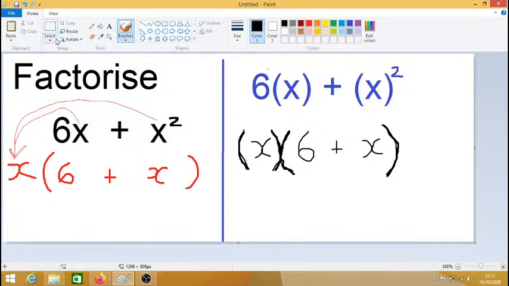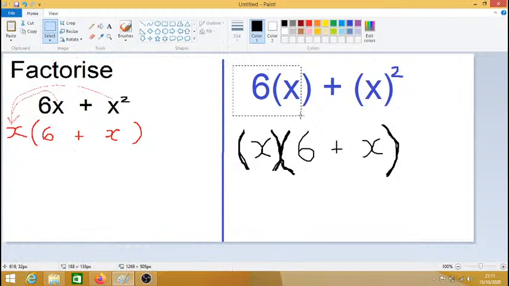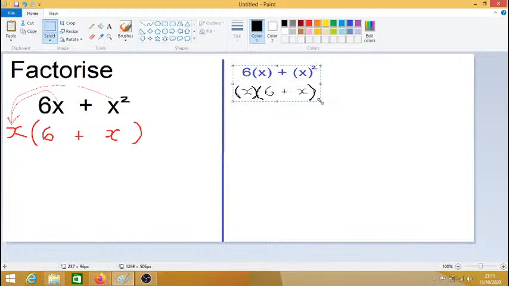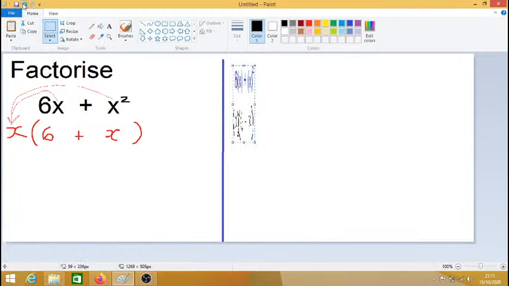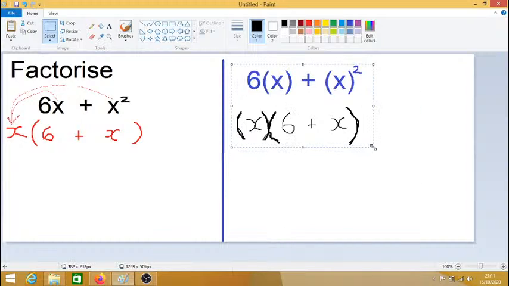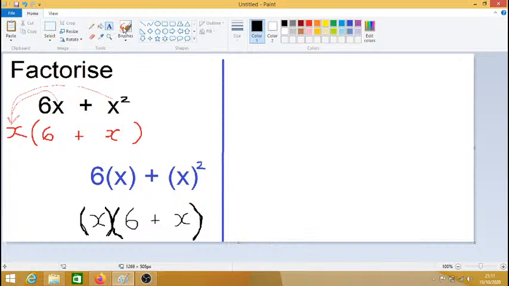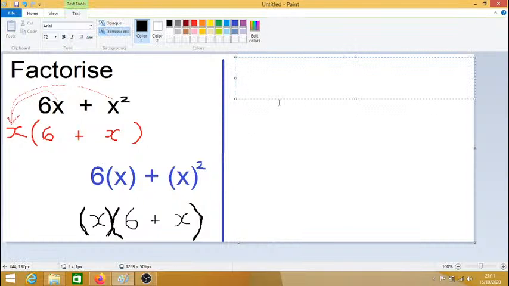And then let's go just one stage further and let's just make this a bit smaller. And then the final stage we want to go to, just so that you're understanding what the principle is.